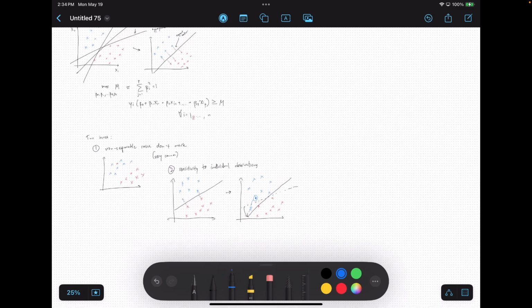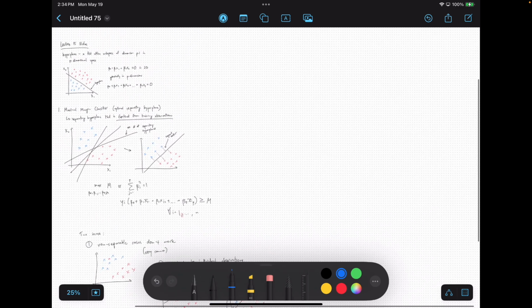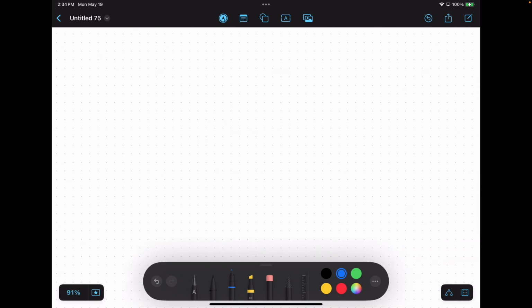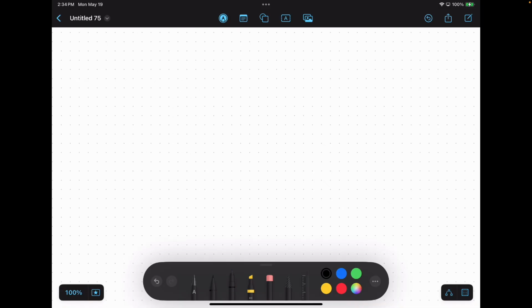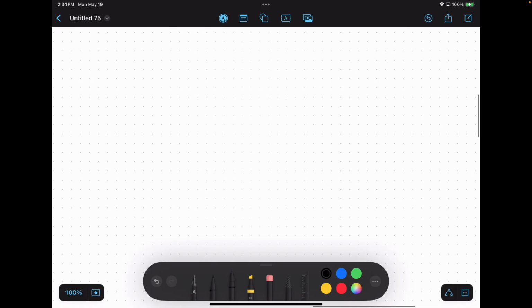Okay, so how do we deal with that? So the second model that we'll talk about is the support vector classifier. And so this was really kind of an evolution of our MMC, our maximum margin classifier.